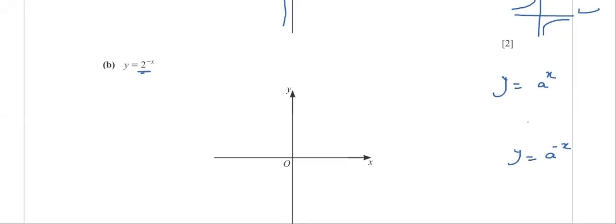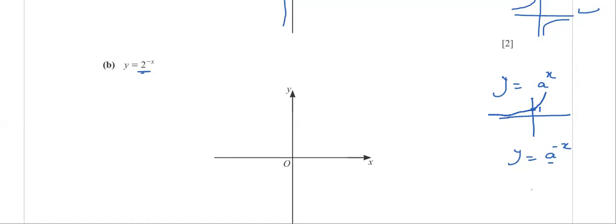For example, if you have this type, then your graph will look like this one. From here, it will always cross at 1. The y-intercept will always be 1, and then after that it will look like this one. And as it proceeds, it will get closer and closer to the x-axis.